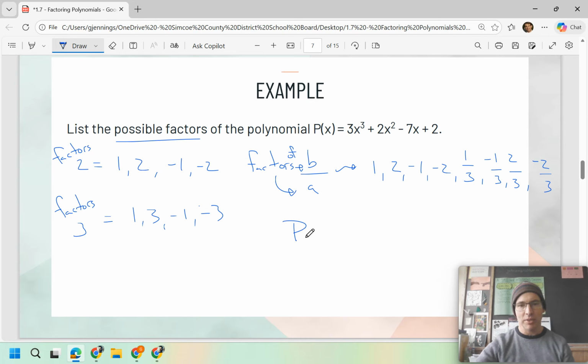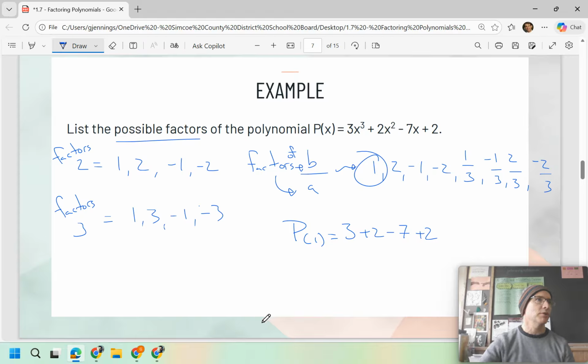If we look at p at 1, you're just going to go through and add up the coefficients. 3 plus 2 minus 7 plus 2. What does that tell you about this one? Anyone happen to be able to do 3 plus 2 minus 7 plus 2 without a calculator? 0. Yeah, it's 0. So since p at 1 equals 0, what does that tell us? Therefore, yeah, 1 is a factor.